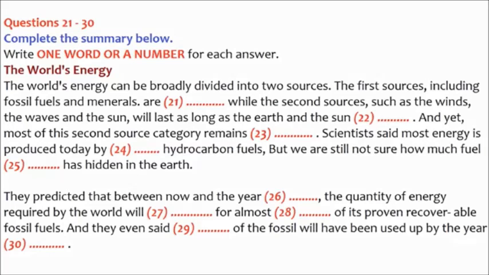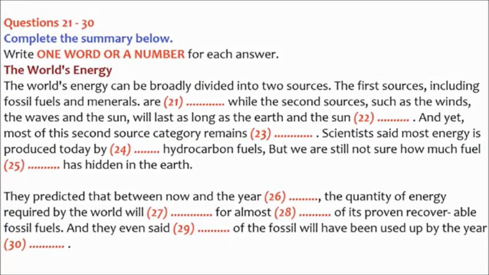The world's energy comes from a number of different sources, which may be broadly classified into two categories. The first, which includes fossil fuels and minerals such as oil, coal, natural gas, uranium, etc., comprises sources of energy that are non-renewable.